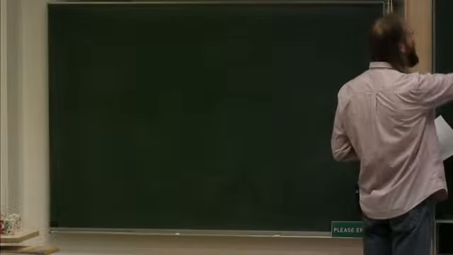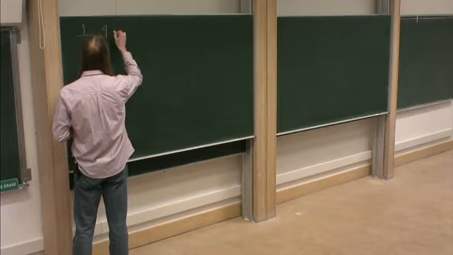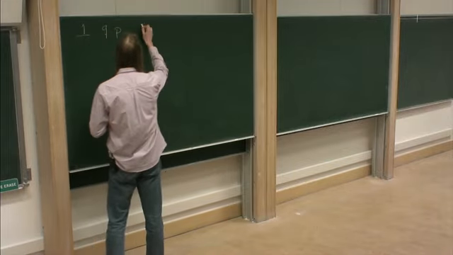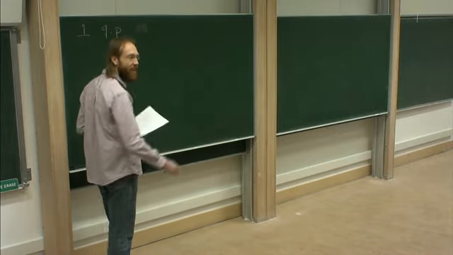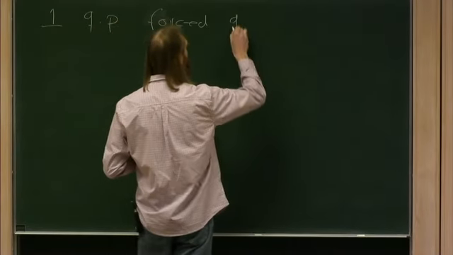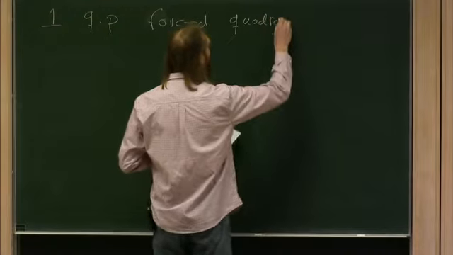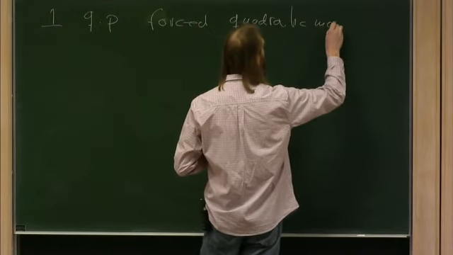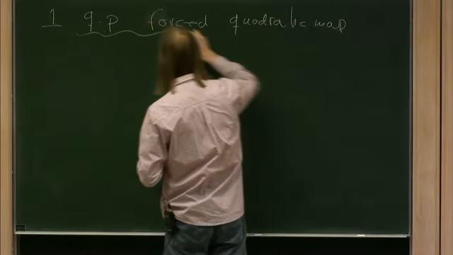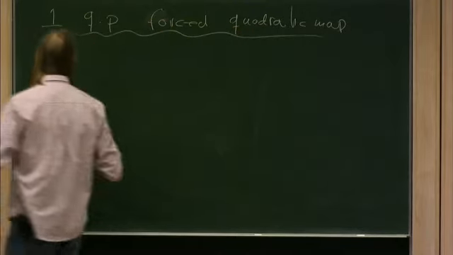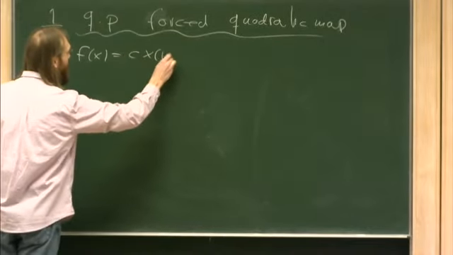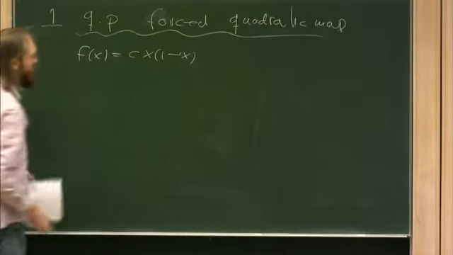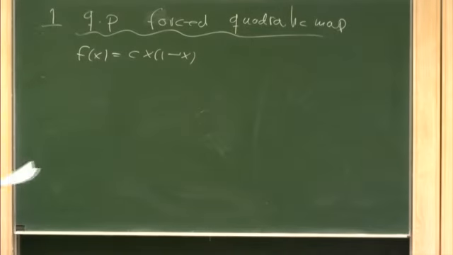So let me begin with the quasi-periodically forced quadratic map. Do I write too small? No? So we all probably know this one-dimensional map, which has been studied a lot in dynamics.